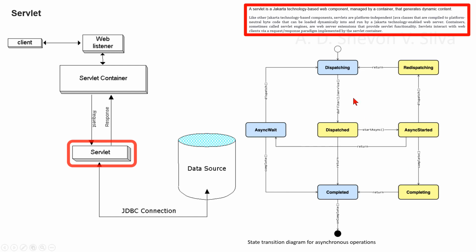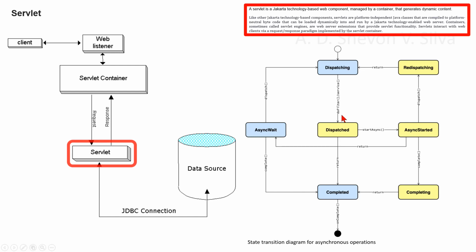Here the doFilter method. The doFilter method of the filter is called by the container each time a request-response pair is passed through the chain due to a client request for a resource at the end of the chain.